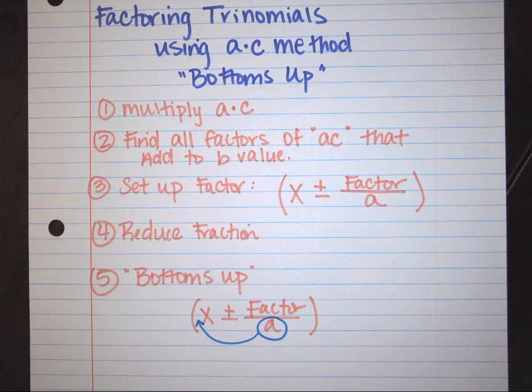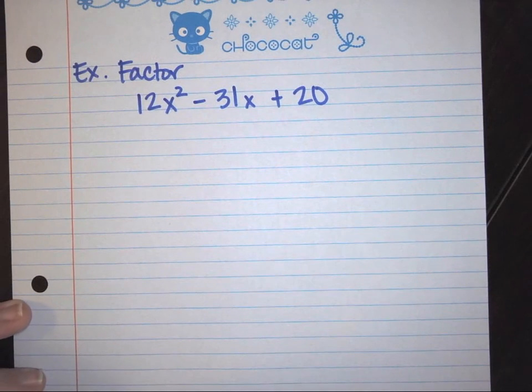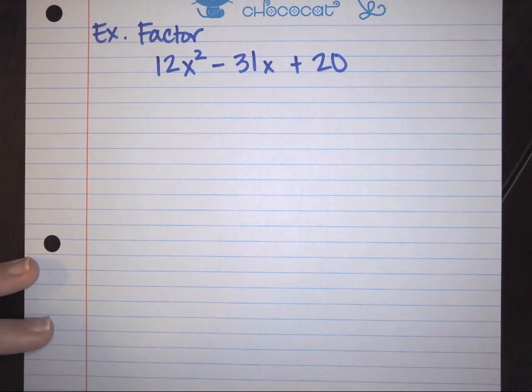Okay? So let's go ahead and look at an example. So we have: factor the following, 12x squared minus 31x plus 20. So again, I have to be able to set up the AC method, and just like with the previous factor, we need to make sure that we have the right signs being used.